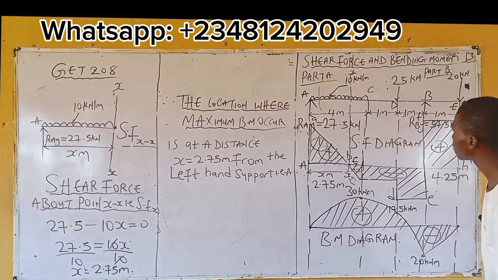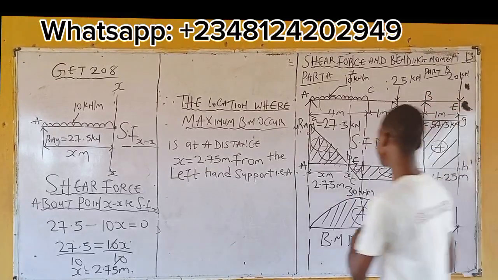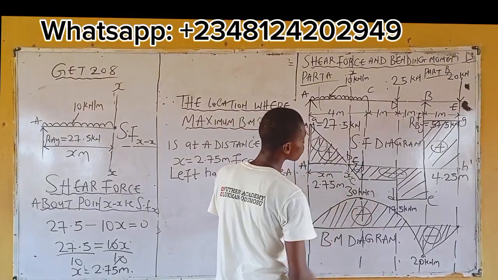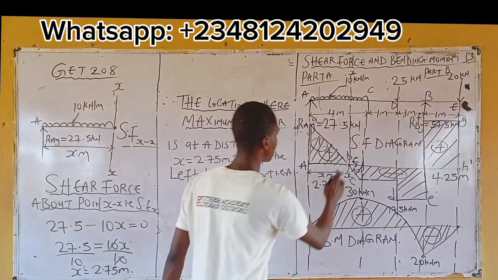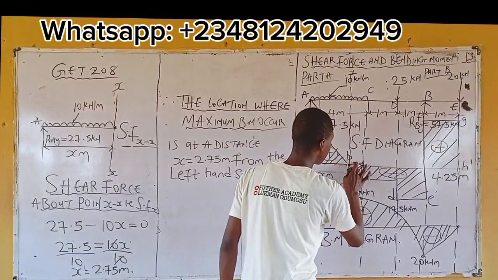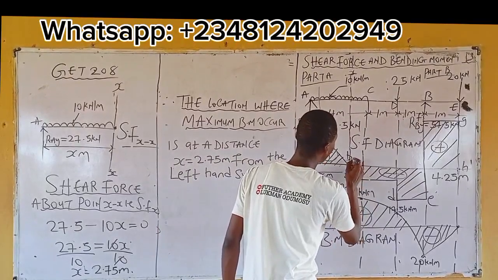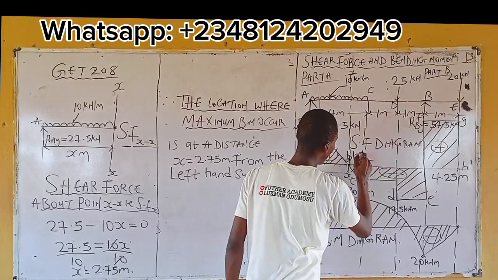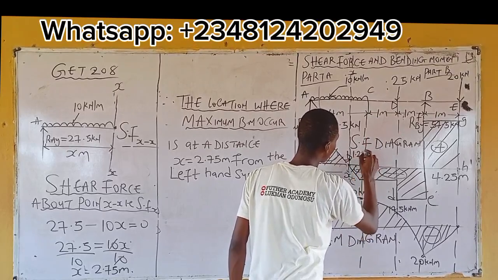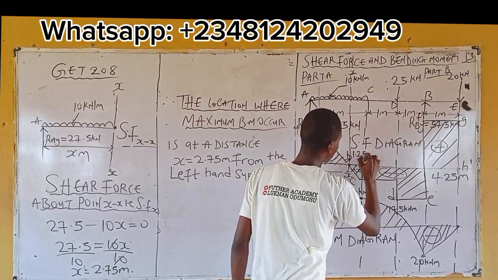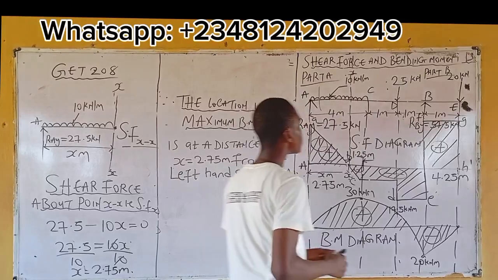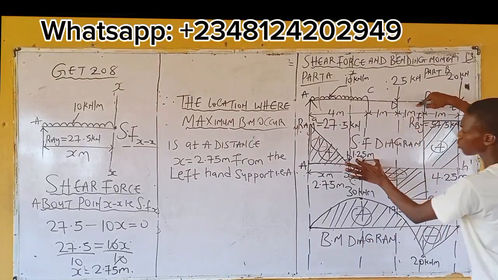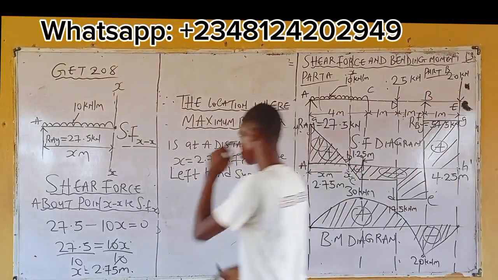Is it 3.25? Okay, from here, the total length is 4. 4 minus 2.75 is 1.25. Meaning from the place you've sectioned to C, the distance is 1.25 meter. So this one plus this one plus 1.25 gives you 3.25.